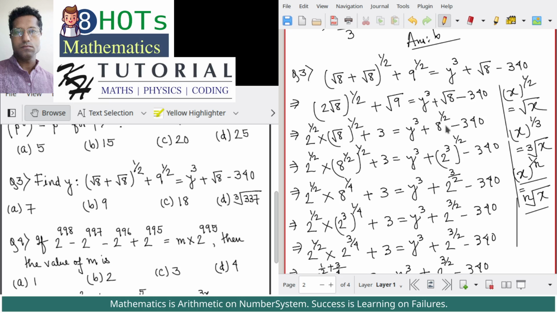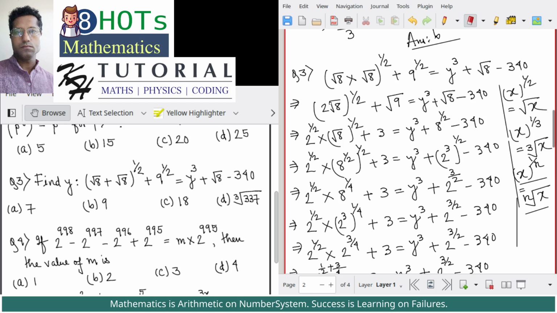This is not root 8 plus root 8, but this is root 8 multiplied by root 8. I'm so sorry. Okay, so this becomes really easy now, because root 8 multiplied by root 8 is definitely a root 8 square.